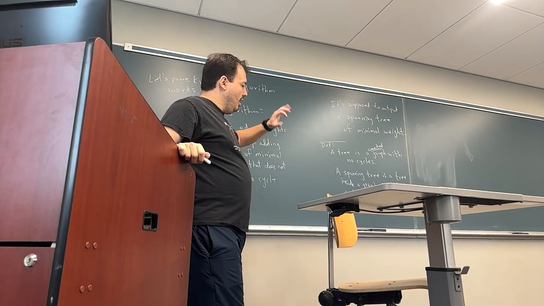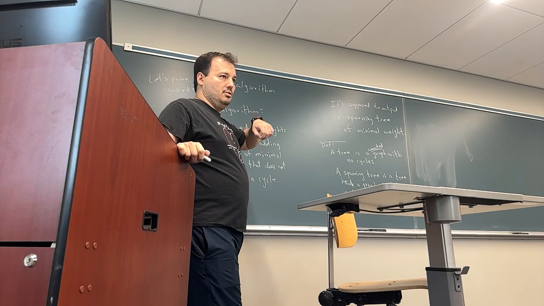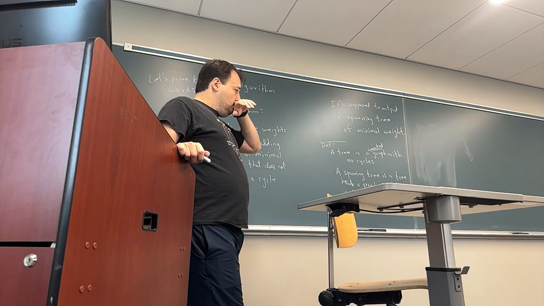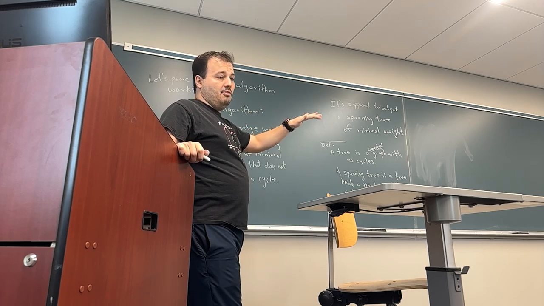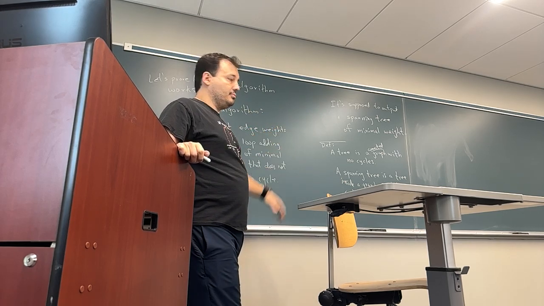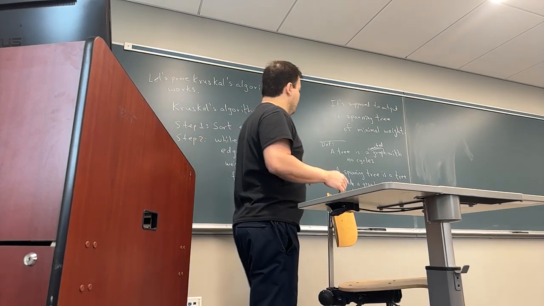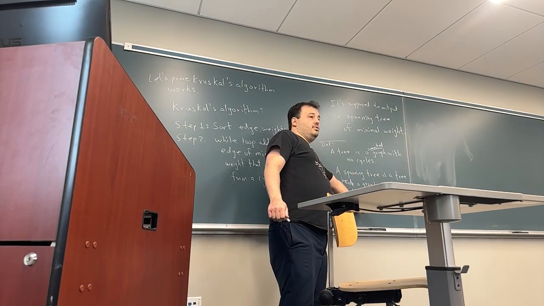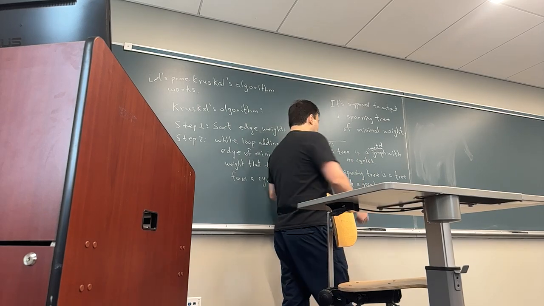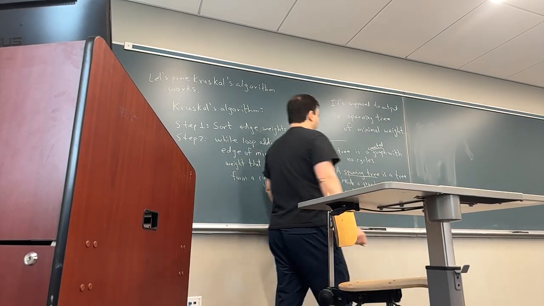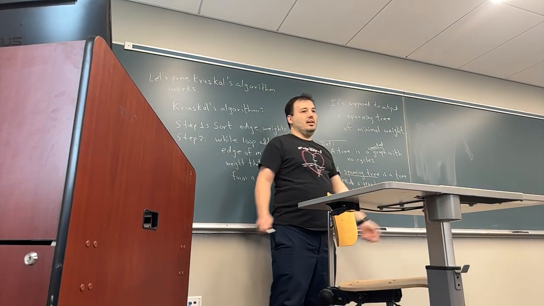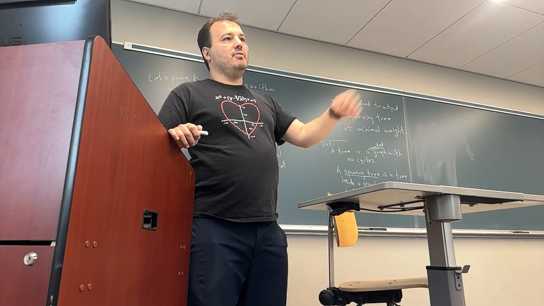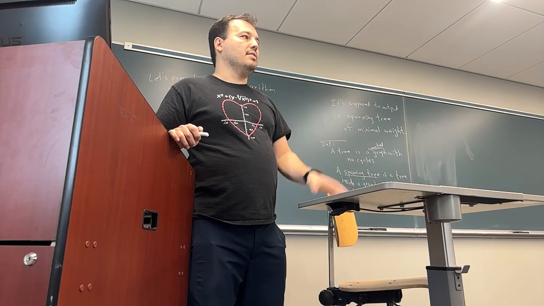Spanning tree, you have a graph, you pick some vertices, you pick some edges. That forms a subgraph. If that subgraph uses all the vertices of G and is a tree, that's a spanning tree. And then minimal weight just means that among all the spanning trees, consider the sum of the weights of the edges, which one has the smallest sum.